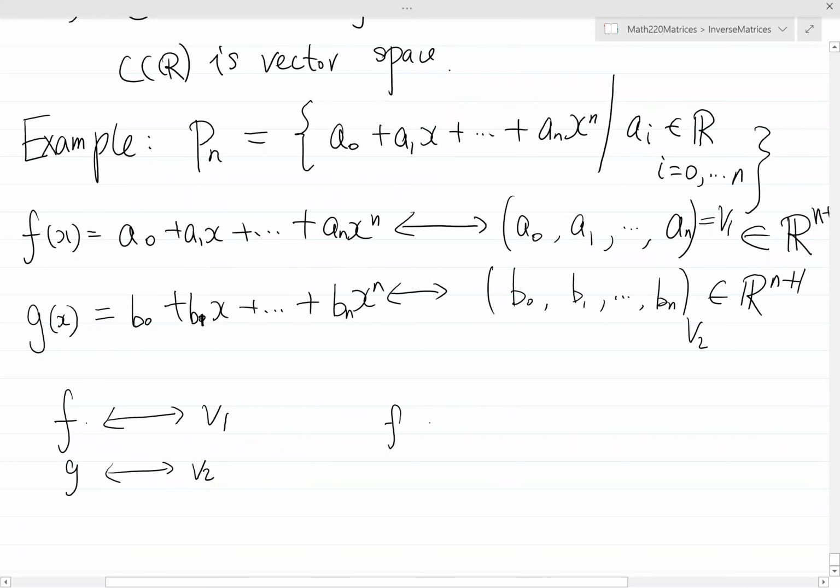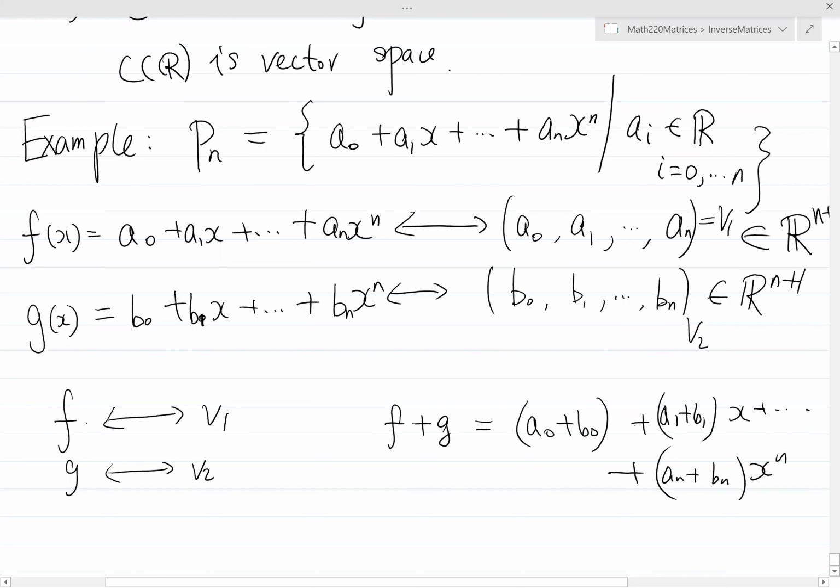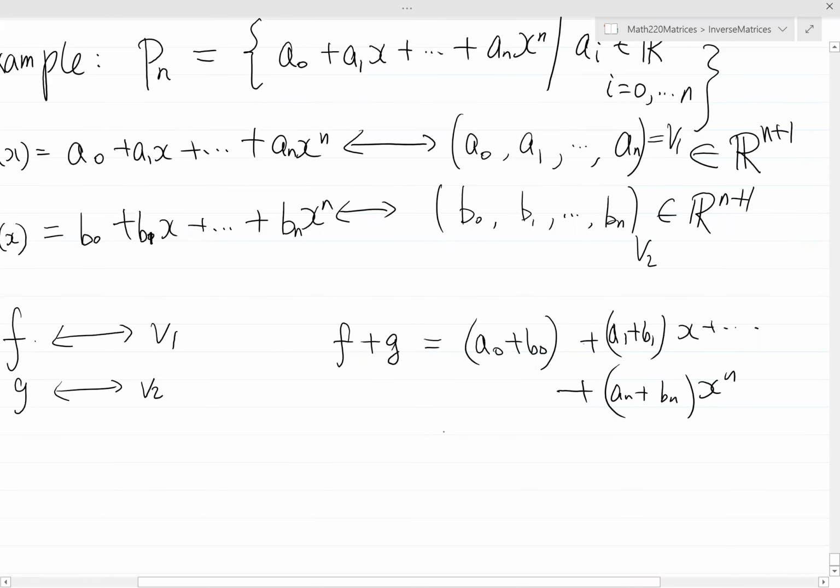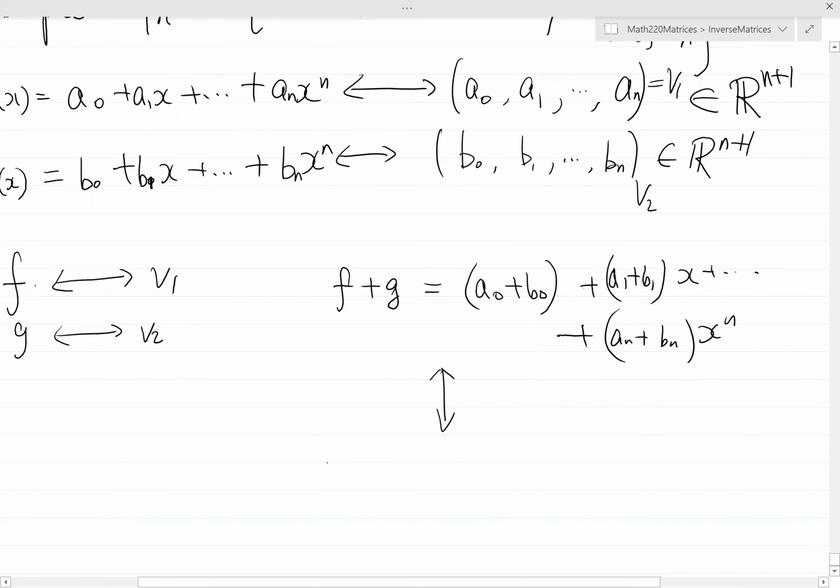Now f plus g, which is a0 plus b0, plus a1 plus b1 x, and so on, plus an plus bn. Combine similar terms, then this corresponds to this vector, a0 plus b0, a1 plus b1, etc., an plus bn.